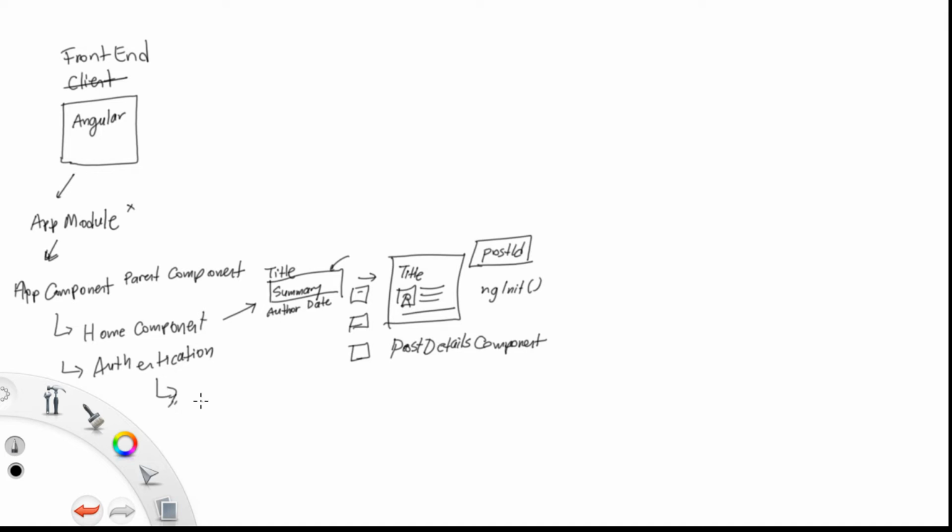Anyways, I was thinking of naming it a login component, but I think authentication component is sufficient as well. So what's going to happen is, maybe I can put a login here somewhere, or I can even make it private.